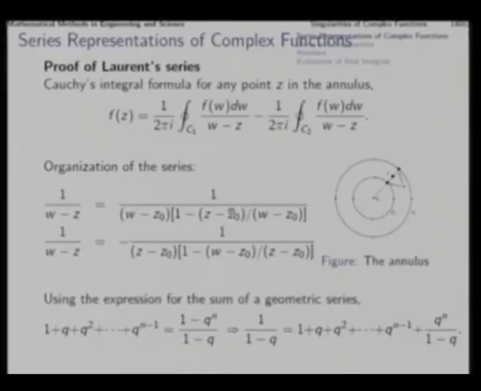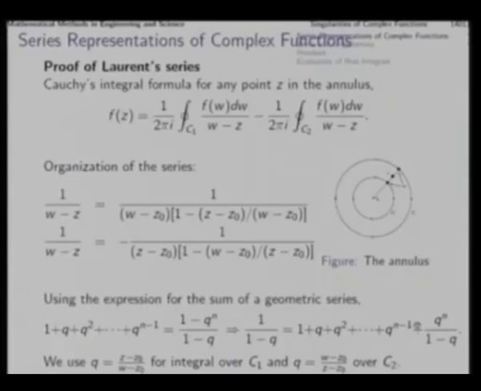So, if we take this geometric series say up to n terms, then we know that the sum of this geometric series turns out to be this, and that will tell us that 1 by 1 minus q will be the sum of all these things plus q^n by 1 minus q, that is taking this q^n by 1 minus q term on the other side. So, the remaining is 1 by 1 minus q, which will be this entire series plus this term q^n by 1 minus q here.